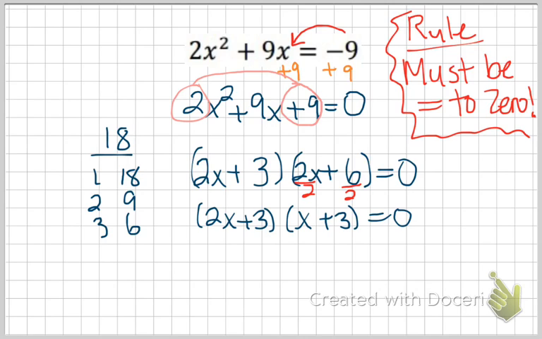Now we can go ahead and create our linear factors. We set this equal to 0. We solve for x. So in this case, for this one, we're going to have to subtract 3.